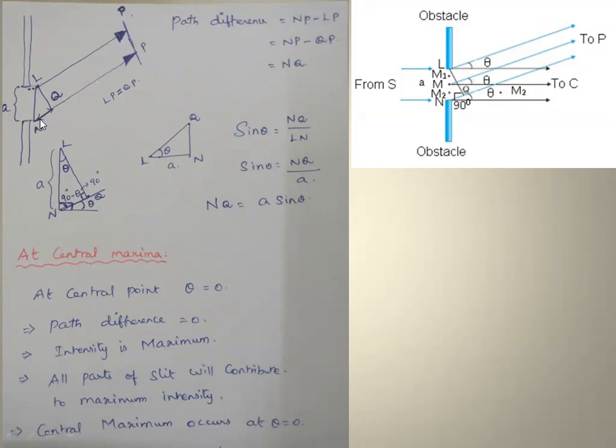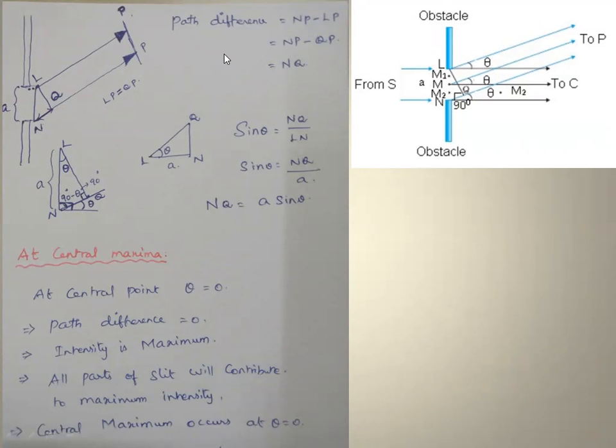This NQ, this small portion, is the difference, right? Can you see here? This is reaching first, right? So this is starting from here and reaching the same point. So compared to this line LP, NP has the extra of this NQ. That is considered as the path difference. So can you see here? One minute.